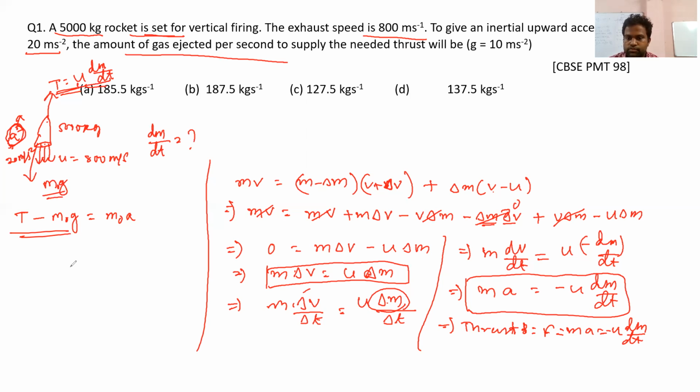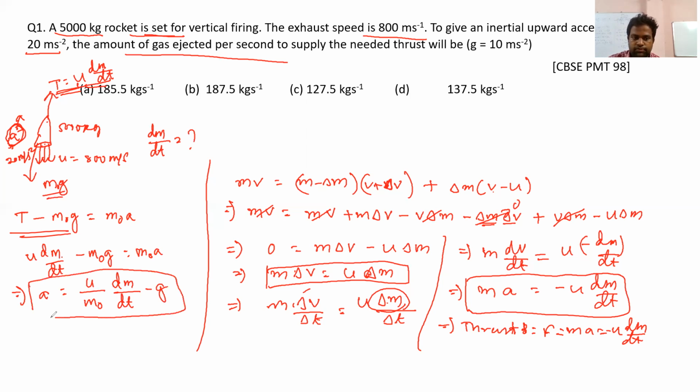Now you can write that thrust, u dm upon dt, minus m0g is equal to m0a. Or you can write that acceleration is equal to u by m0 dm by dt minus g.